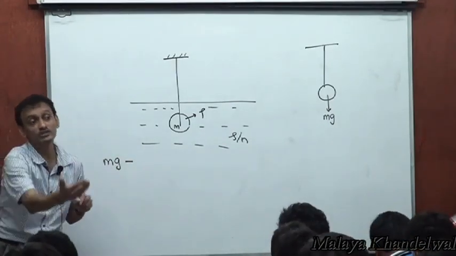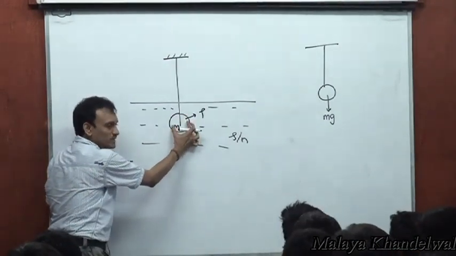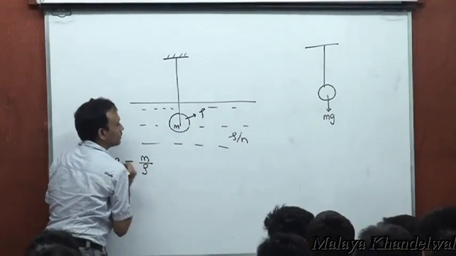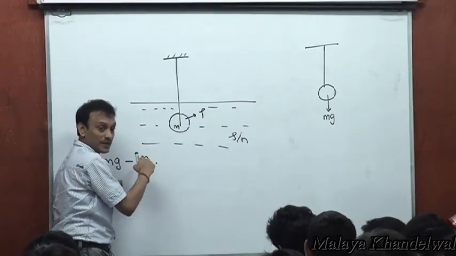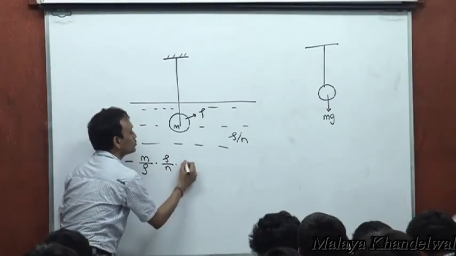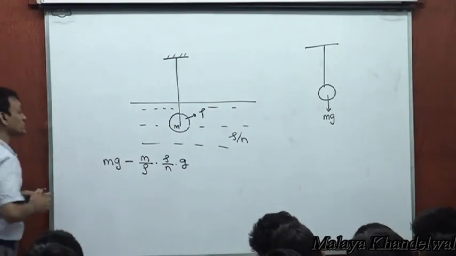Upthrust is the weight of the liquid displaced. What's the volume of liquid displaced? It would be the volume of the bob. So m by rho is the volume of the bob, which is the volume of the liquid displaced, into the density of the liquid, which is rho by n, into g. That's the weight of the liquid displaced.